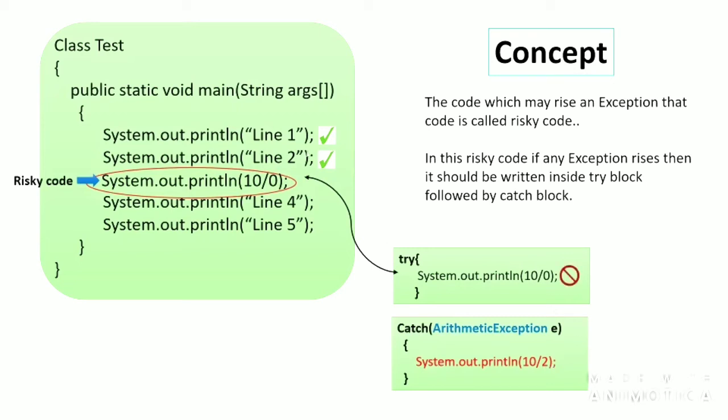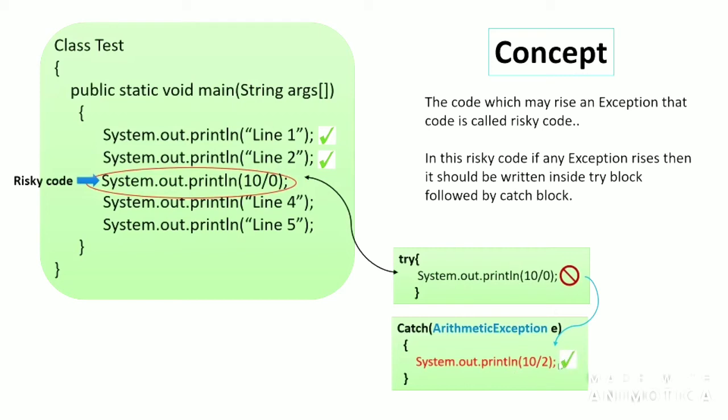As the control comes, the statement we have written inside the try block will not get executed. Why? Because this statement will generate ArithmeticException. It is caught by the catch block, and the alternative code we have provided in the catch block will be printed in place of System.out.println 10 division by 0.